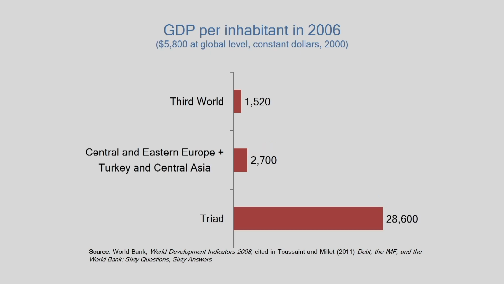It is interesting if you look at the GDP per inhabitant data of 2006, you would see that the GDP per inhabitant in the triad or the global north was about $28,600, in contrast to just about $1,520 in the third world.